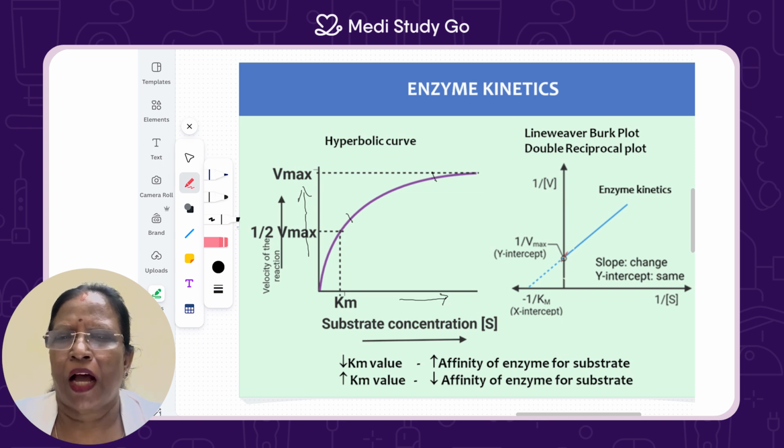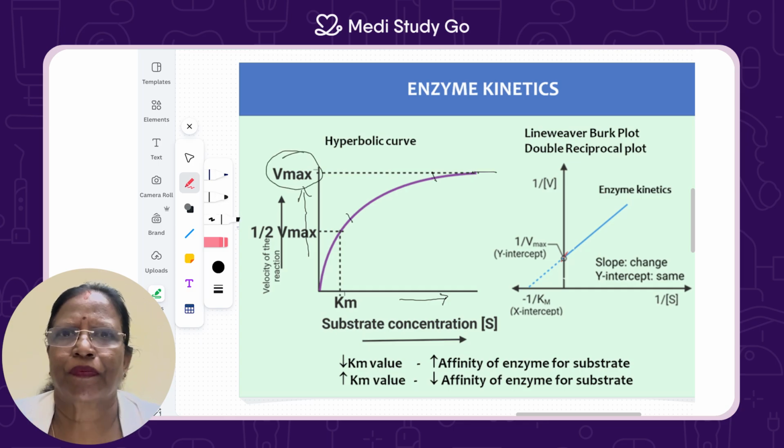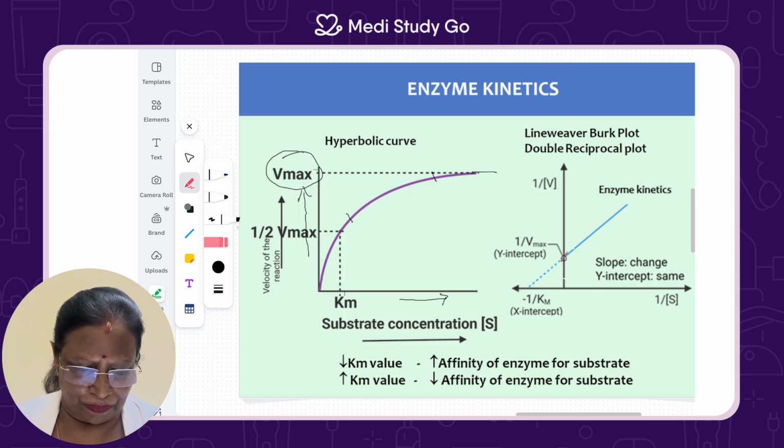After some time, however much you increase the substrate concentration, the velocity will not change. It will reach a maximum constant level. This maximum velocity is called Vmax. So Vmax is one of the kinetic parameters which we have to remember when we do the inhibitor and inhibitions.